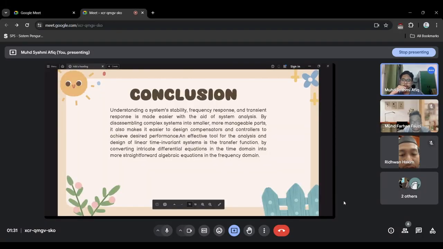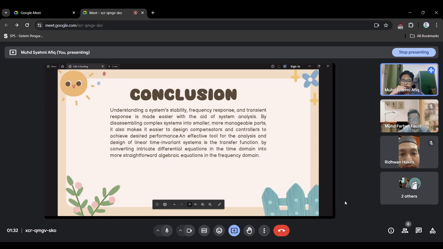And finally, conclusion. Understanding a system's stability, frequency response, and transient response is made easier with the aid of system analysis. By disassembling complex systems into smaller, more manageable parts, it also makes it easier to design compensators and controllers to achieve desired performance.